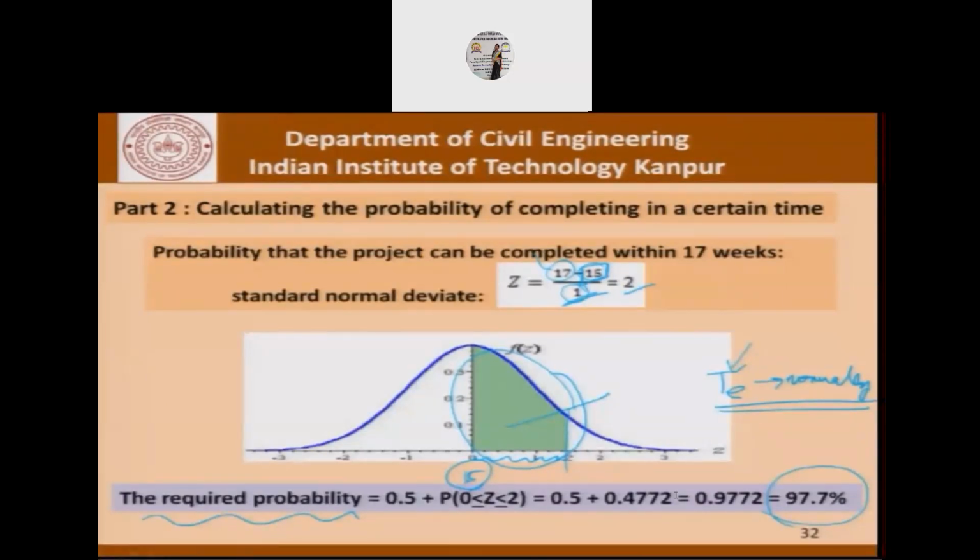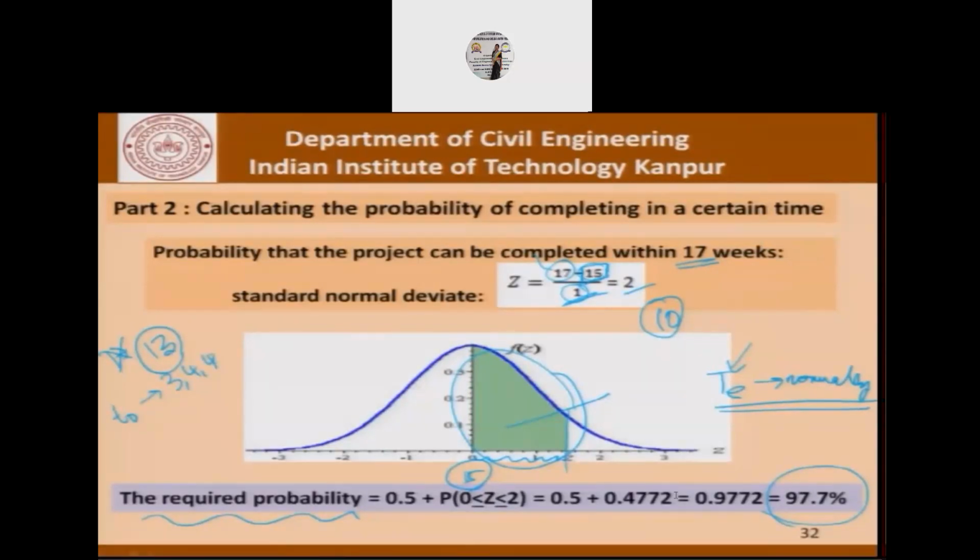So with this, we have introduced the concept of PERT. We have introduced the concept of uncertainty in the activity durations. Now suppose instead of 17, we were talking of 13. If you go back to the data given here, the TO for the three activities is 3, 4, and 4.